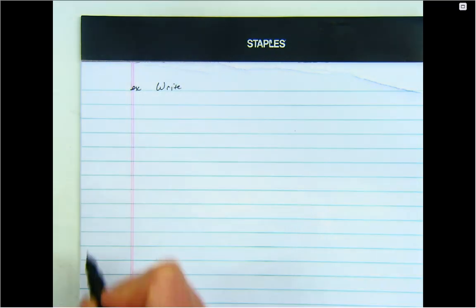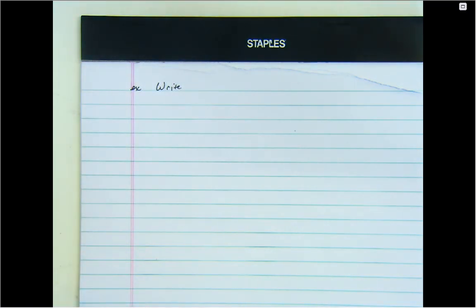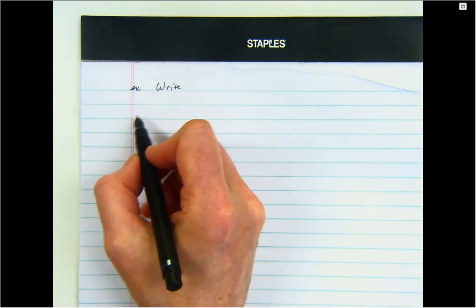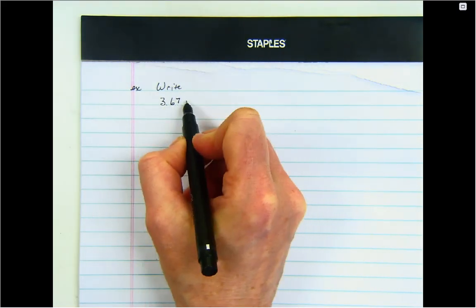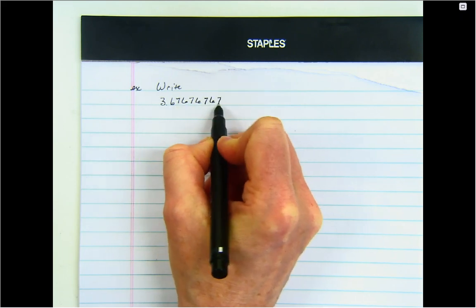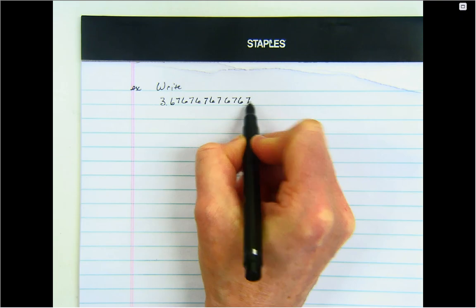Does someone want to make up a number that ends in 2 repeating decimals? 3.67. Repeating? Yeah. Okay. 6, 7, 6. Okay, very good.